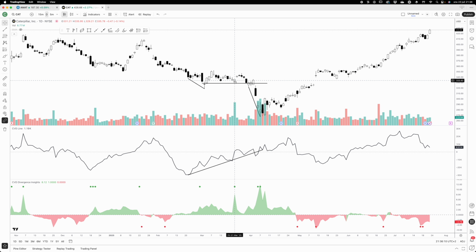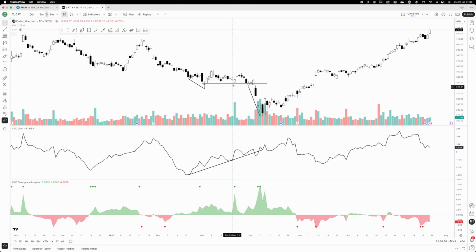But volume spread analysis doesn't tell you if it was the bulls or the bears that got absorbed. It just shows that there is absorption. But we know with our CVD divergence insights that it's the bulls that are absorbed here. So we got an edge over the VSA guys.